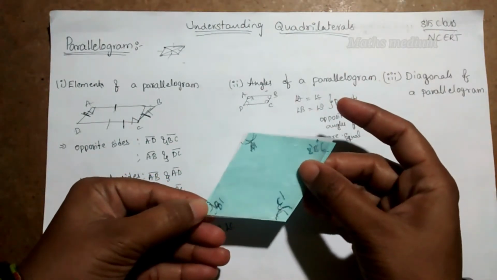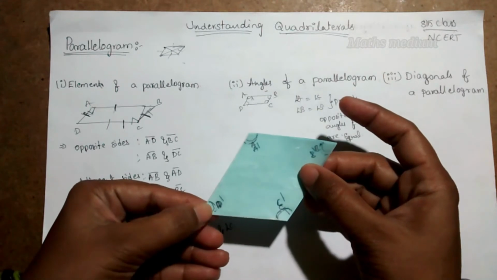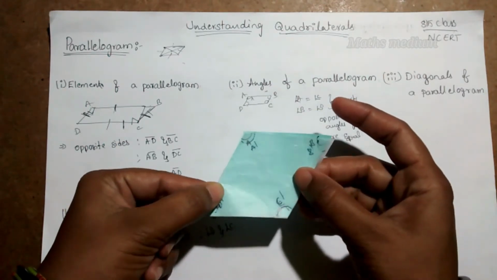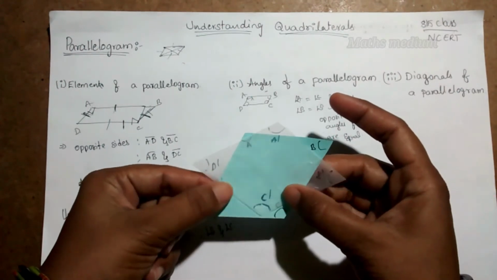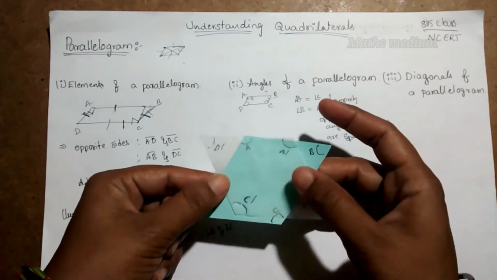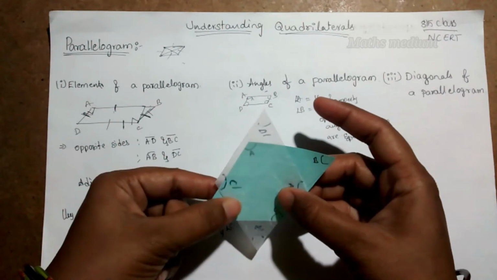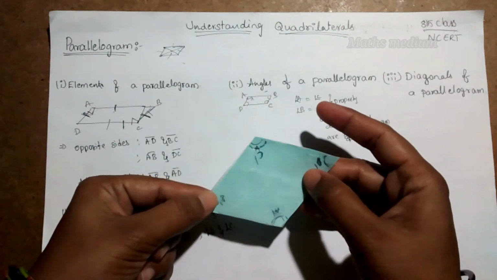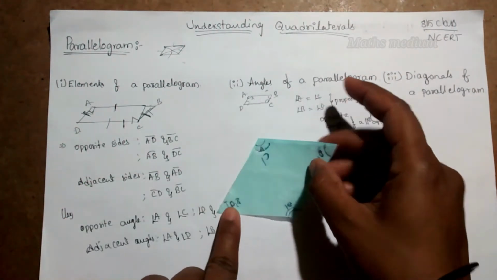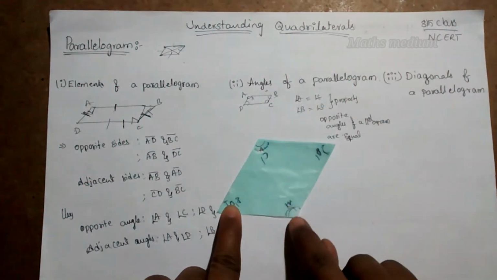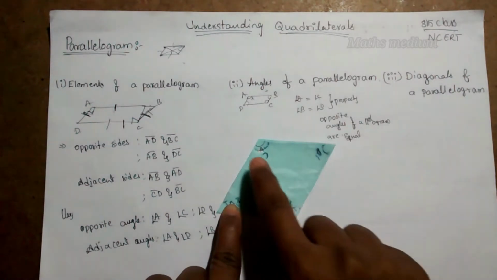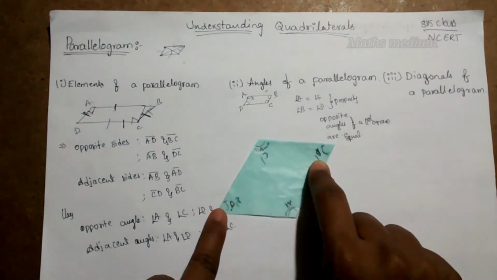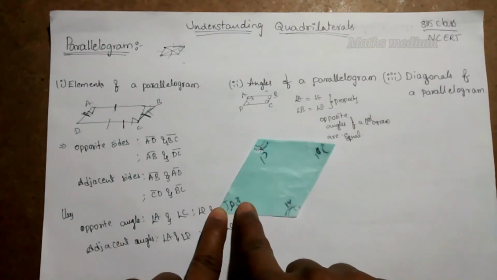Now see here, these two coincide with each other. Now let's rotate the parallelogram like this. So now we are getting here, at C we have A dash, at A we have C dash, at B we have D dash, and at D we have B dash.